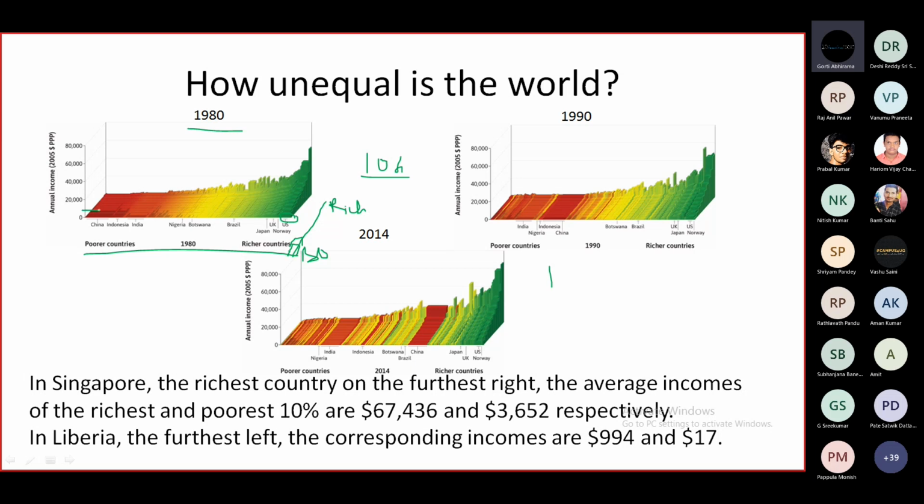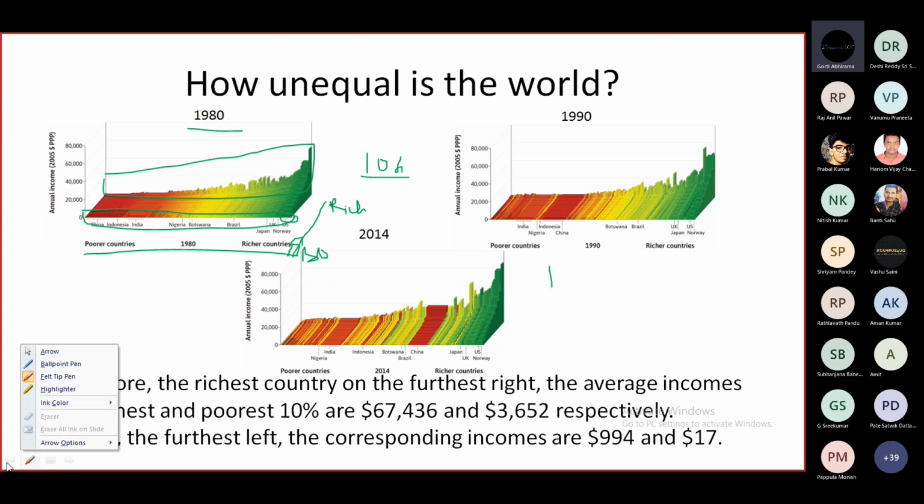This front bar represents the bottom 10% population's average income, whereas the back bar, which you can see is very high in some cases, is the average income of the richest 10% of that country's population.